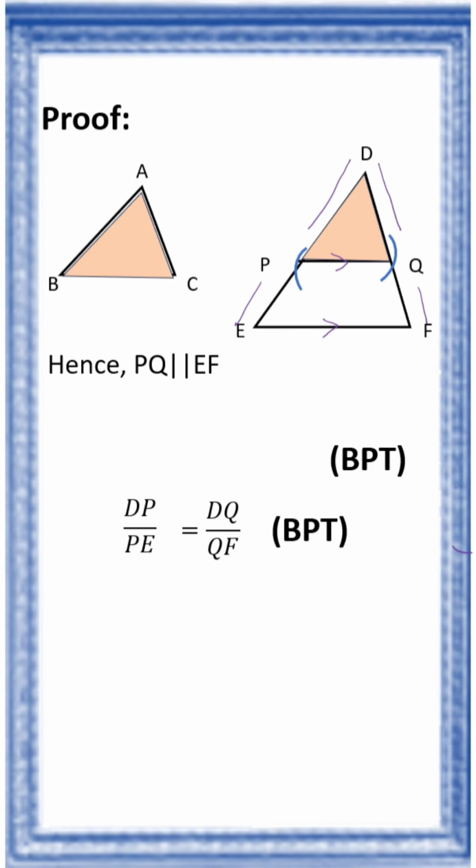I have earlier said one ratio: DP by DE is equal to DQ by DF.